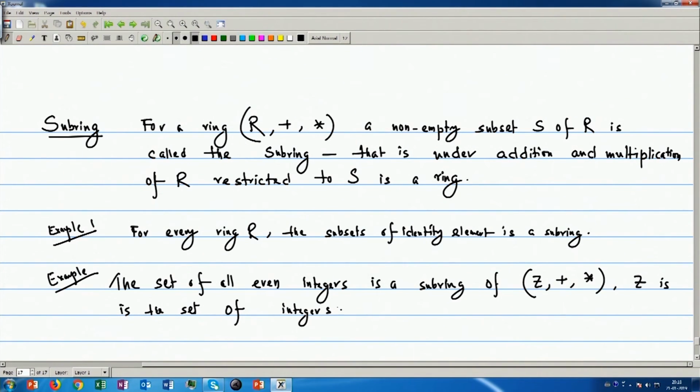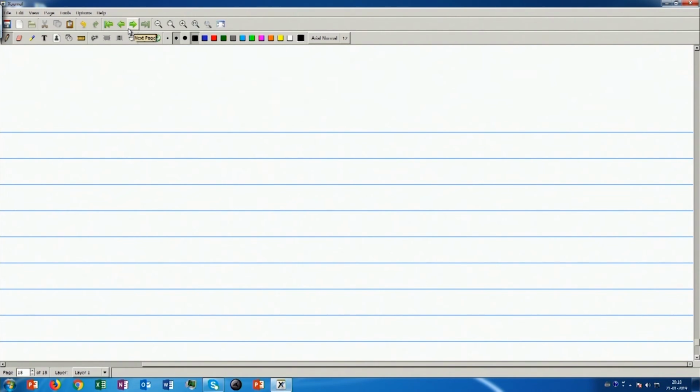So, there are many such properties of subring.